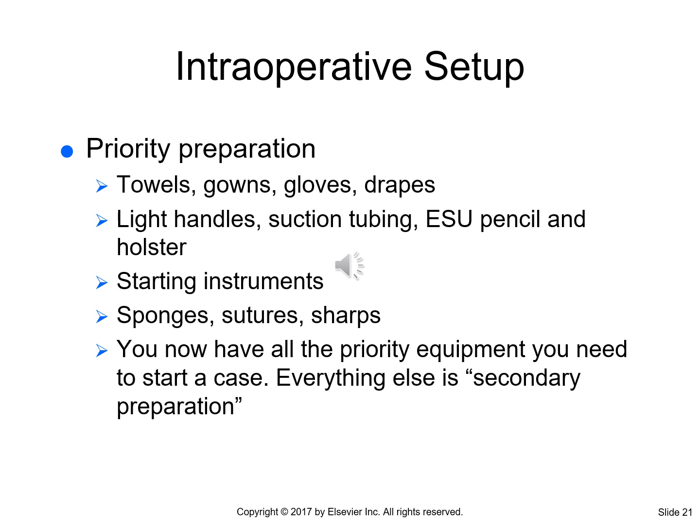So basically, this slide talks about a typical sequence of steps that you should follow in the preliminary stages of a case cart or planning for your intraoperative setup. Obviously, there's priority preparation. So when you scrub in, we're teaching you this, you always want to get your towels, gowns, gloves and drapes organized in the corner. And you want to organize them in the order of use.